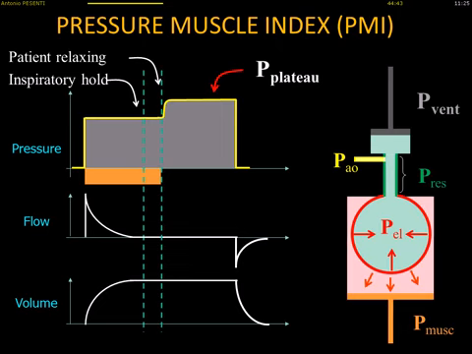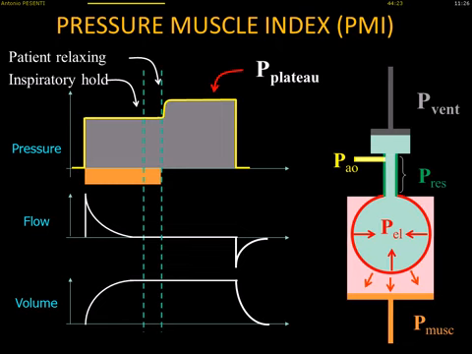He relaxes his muscles, thus he stops pulling. Why? Because it is end inspiration. He thinks he has to expire. But the airways are occluded. What happens? That now the pressure jumps up.